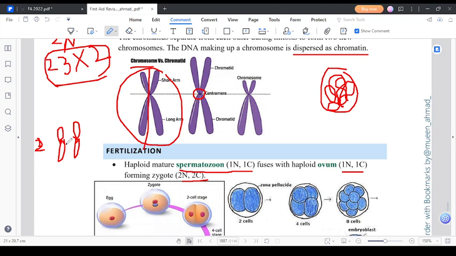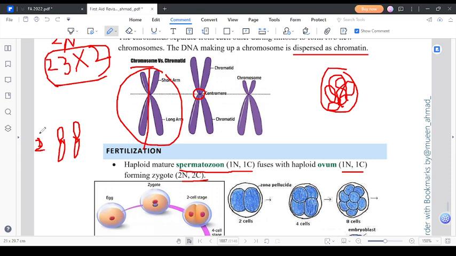But when this cell has to divide, this chromatid will start duplicating, so one chromatid will become two chromatids, and the other chromosome will also become two chromatids. So now we have a total of 4 chromatids for chromosome number 2. I will repeat it.